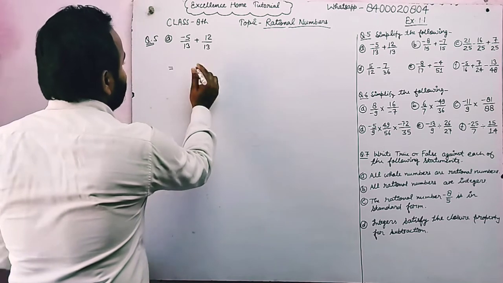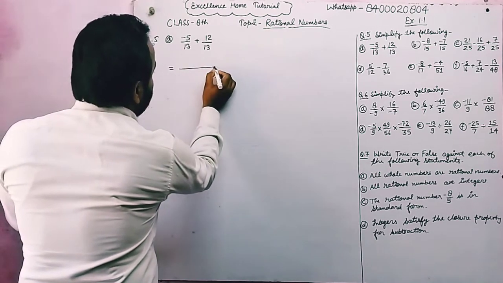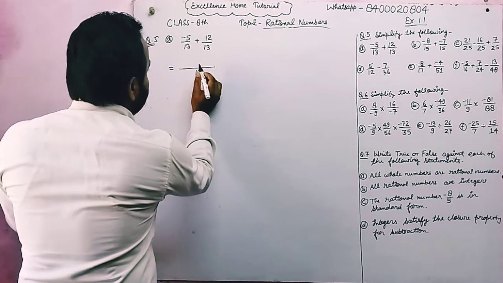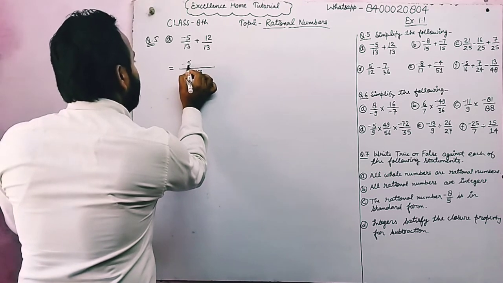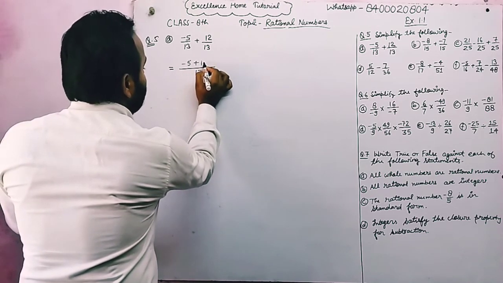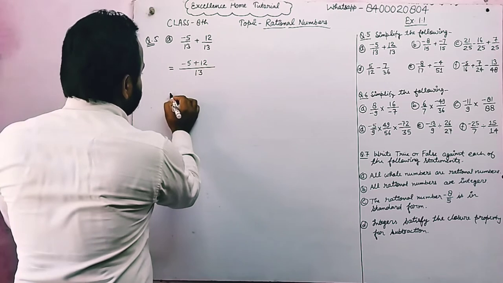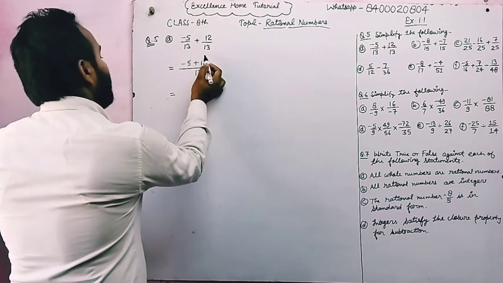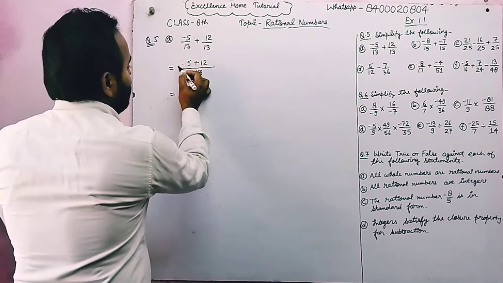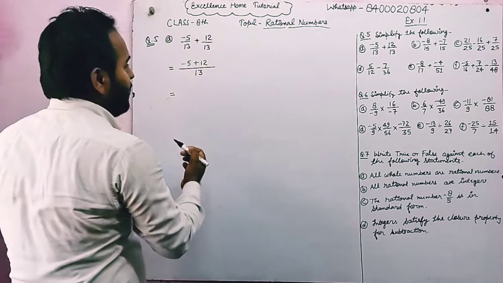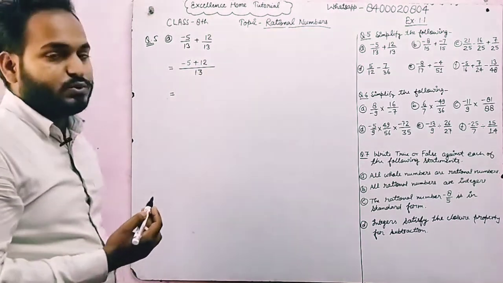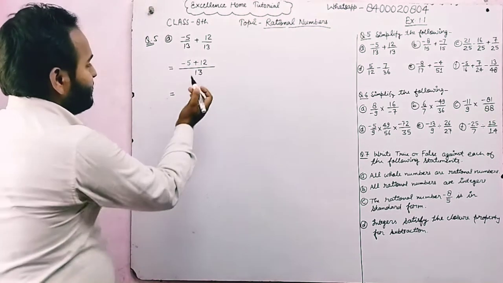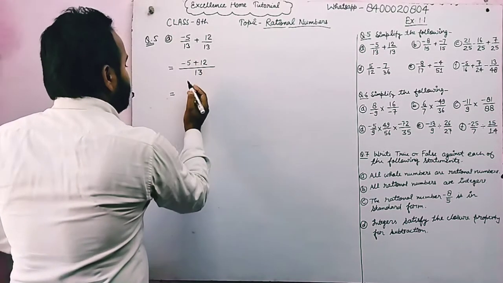So we take the LCM, that is 13, and add both the numbers written in the numerator. After that we observe that minus 5 and plus 12 have different signs, so we have to subtract 5 from 12.